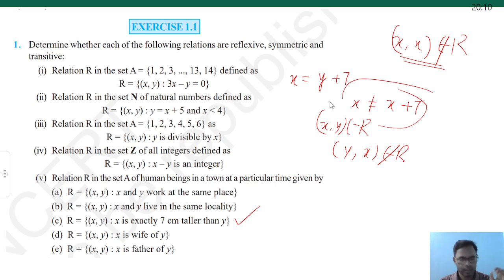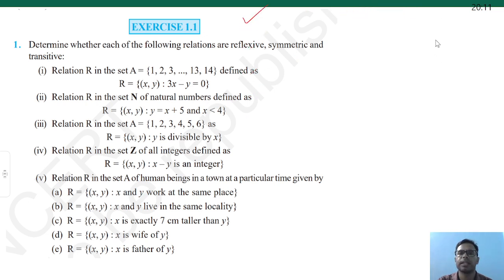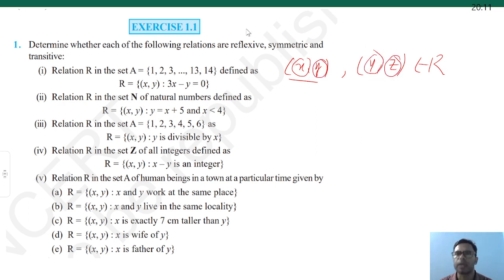Similarly, if you take three elements, x, y, z, here you take two ordered pairs like this, xy and yz, in R. It means x is 7 centimeter taller than y, and y is 7 centimeter taller than z.